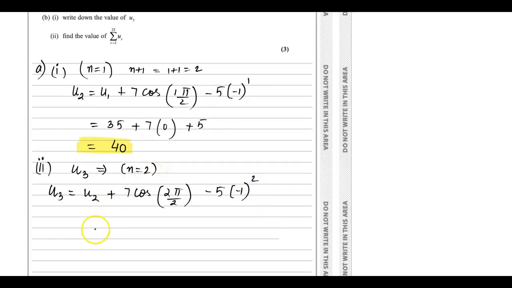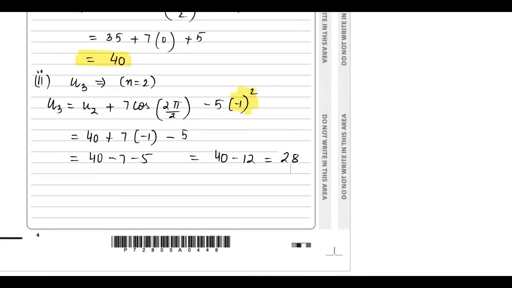Let's substitute all the values. u2 we found 40, plus 7 cos pi is minus 1, minus 1 squared, so this will be positive plus 1. So it would give us minus 5 only. Now 40 take away 7, take away 5. So it's like 40 take away 12, that gives us 28. So u3 is 28.